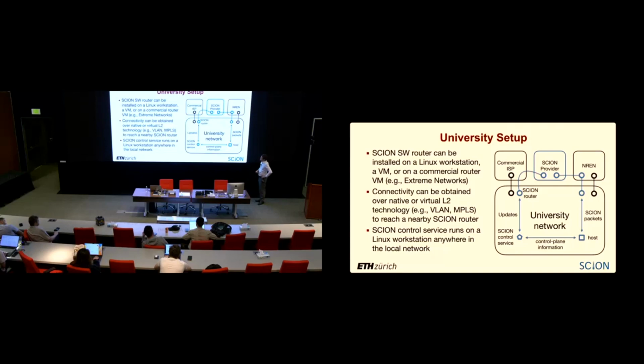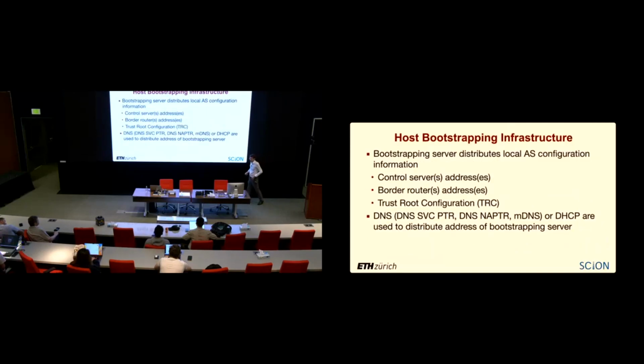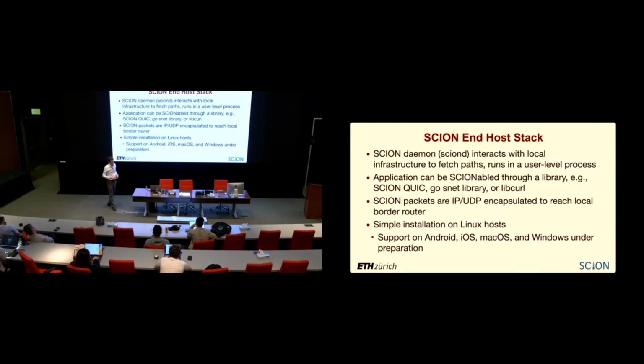It's really quite interesting how little is needed, and the bootstrapping service makes use of DNS or DHCP to provide the trust root configuration of the local ISD, as well as the IP addresses of the border router and control service. So it's quite straightforward to do this.